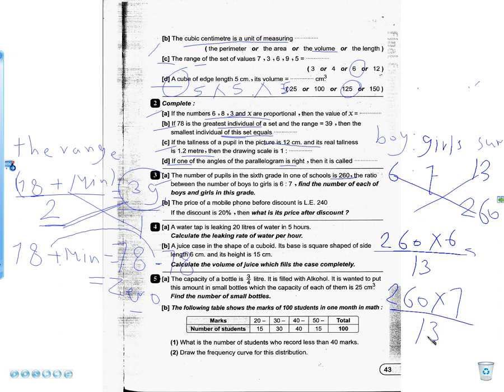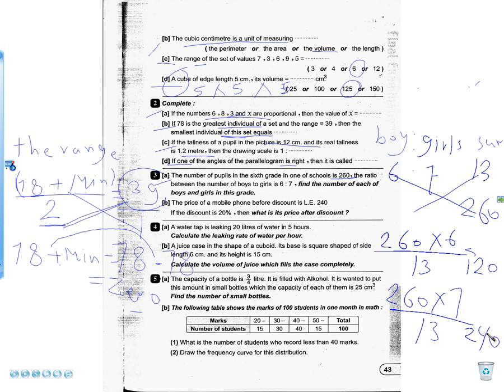When we multiply using the calculator 260 by 6 over 13, we get 120. When you multiply 260 by 7 over 13, we get 240. This is for boys and the other one for girls.